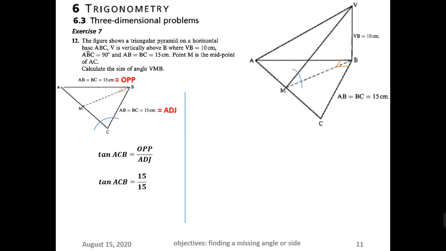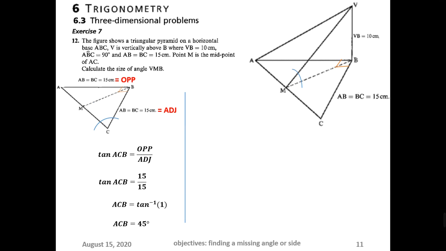To find the unknown angle, we must use tan inverse of 1. On the calculator, we press shift and tan, then the tan inverse shows up on the screen. I insert the 1, don't forget to close the bracket, press equal, and you end up with angle ACB equal to 45 degrees.